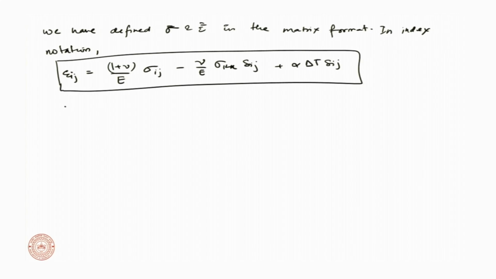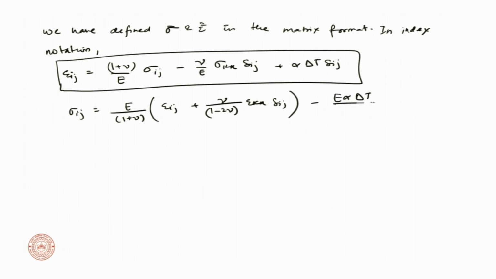The second expression will be sigma ij equals E over 1 plus nu, and then we will have epsilon ij plus nu over 1 minus 2 nu epsilon kk delta ij, minus E alpha delta T over 1 minus 2 nu, like last time, delta ij. Okay, let us box it again.